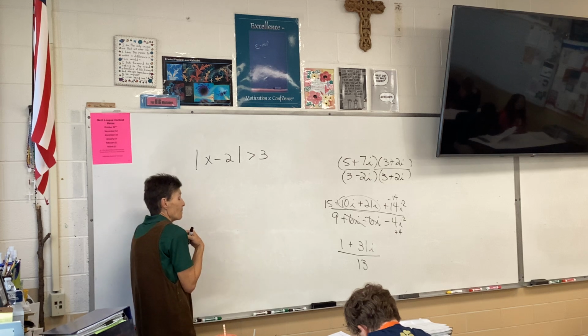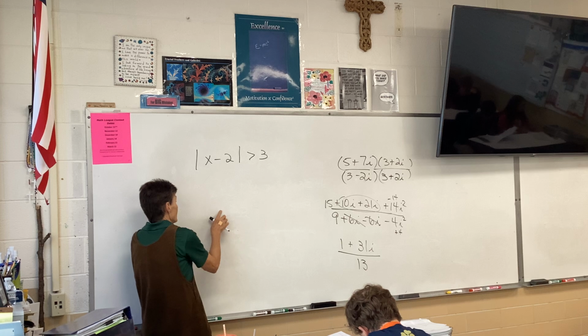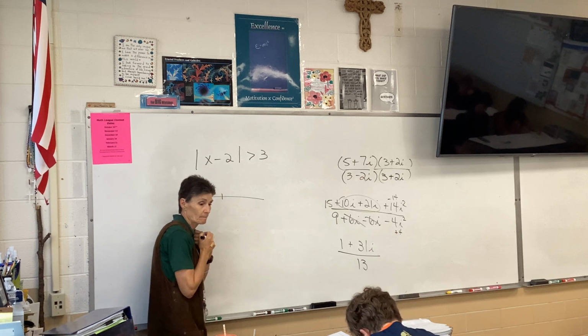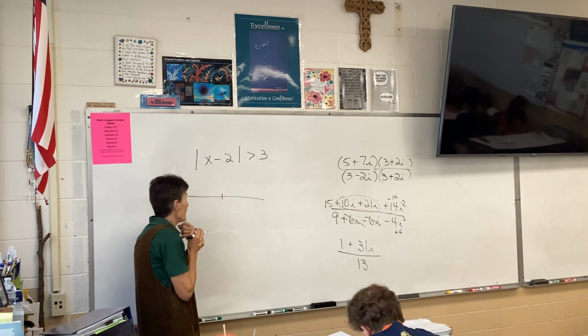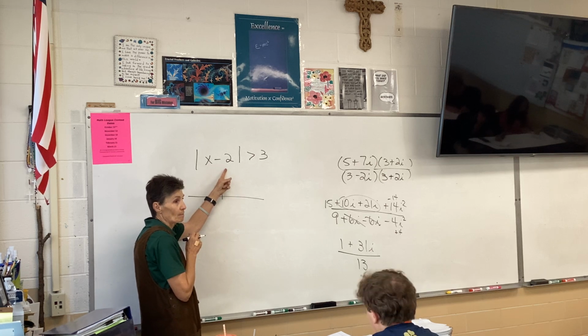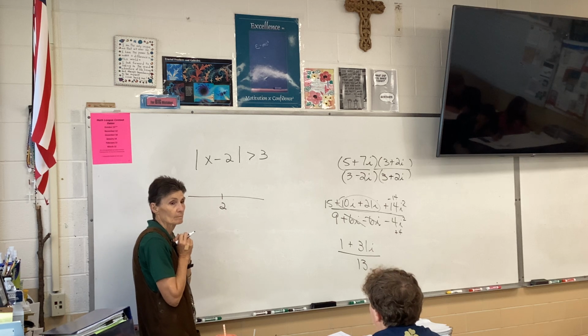I want you to think about a different way of solving this. A very simple way to solve this is to draw a number line. And right in the middle of that number line, put the opposite of that number. So put 2.